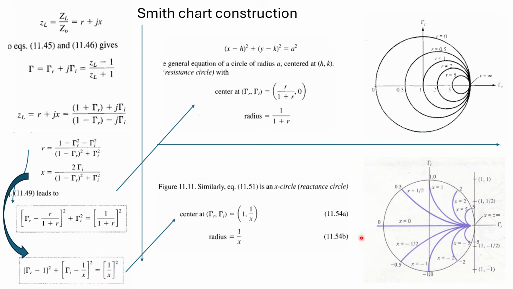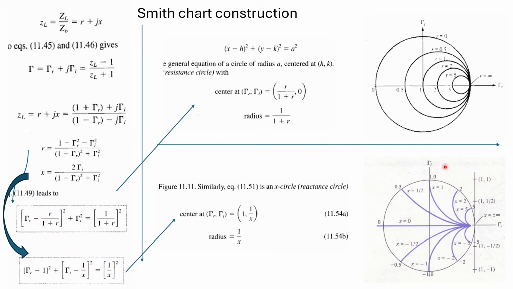So this is for x equal to 0. Similarly, if we replace x with 1, we get tau r minus 1, whole square, plus tau i minus 1, whole square, equal to 1 by 1, whole square. So the radius will be 1.